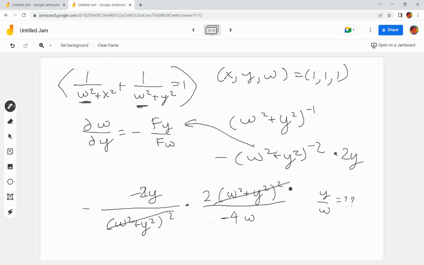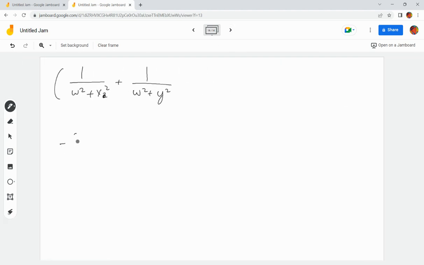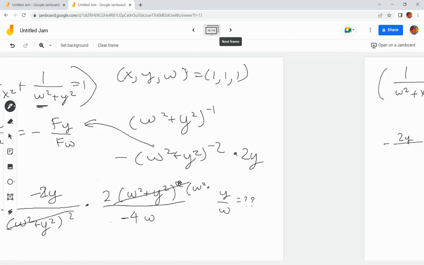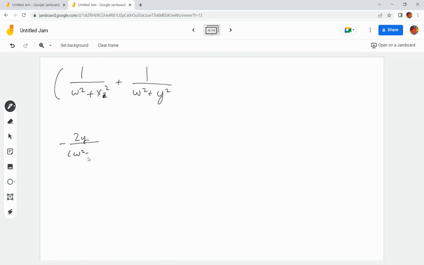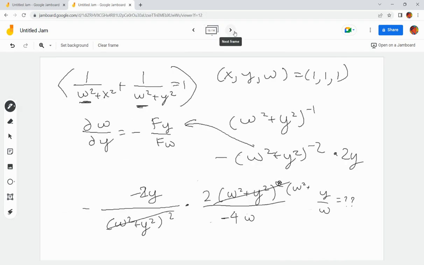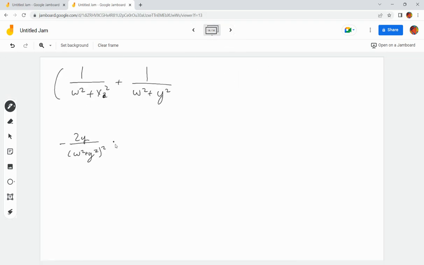That's dumb. I did something dumb. This is supposed to be w squared plus, get rid of that. We're going to redo this whole thing. So this part is right. W squared plus y squared squared. But this part is wrong.